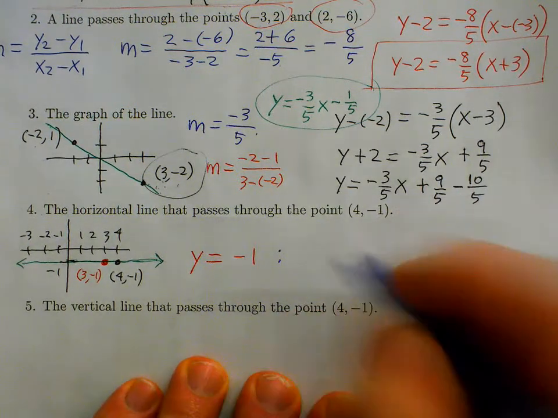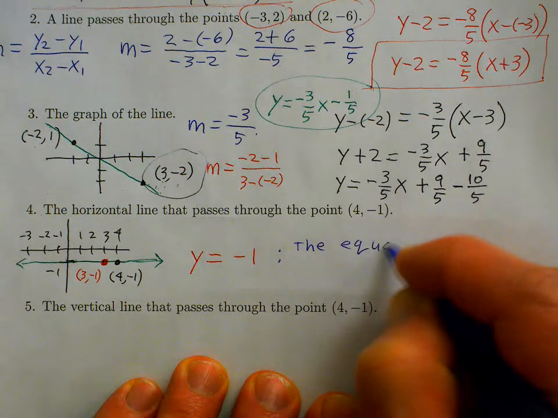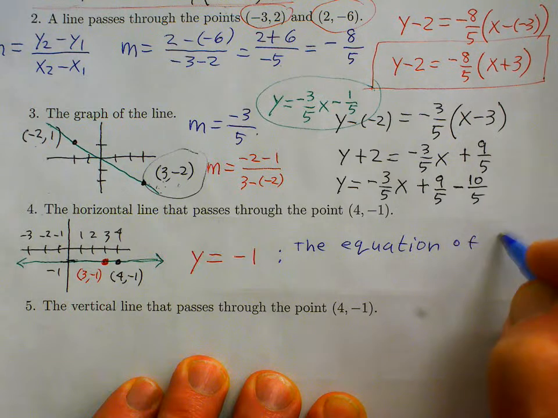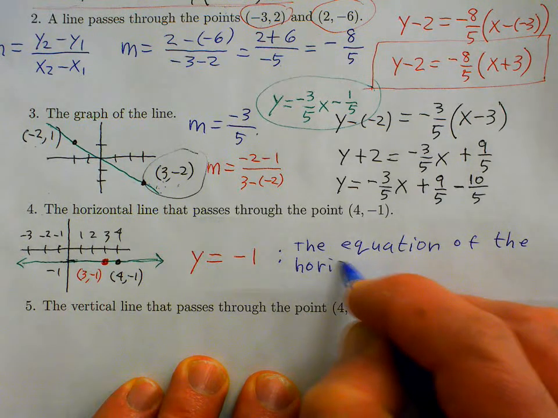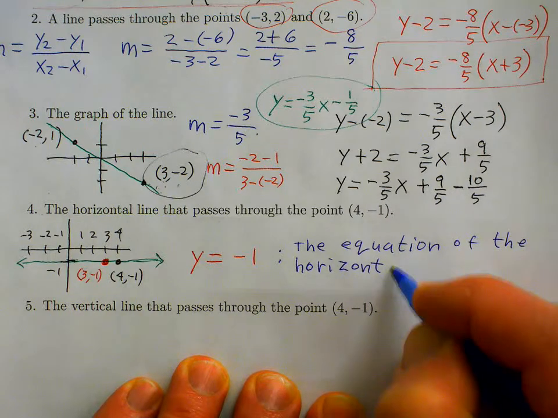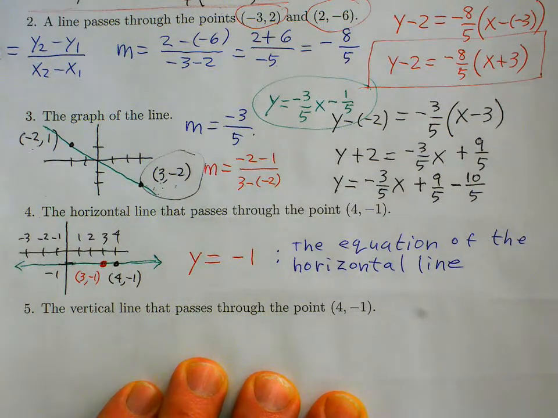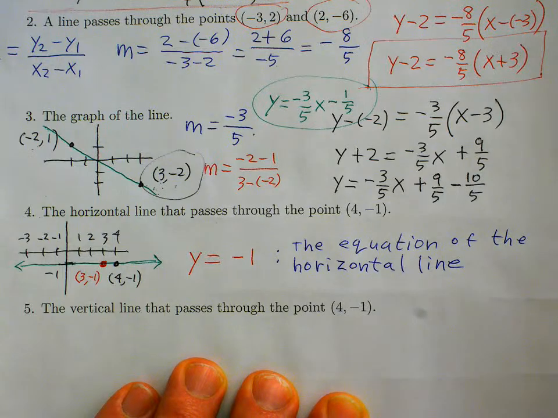So this is the equation of the horizontal line on which every point has the same y coordinate of -1.